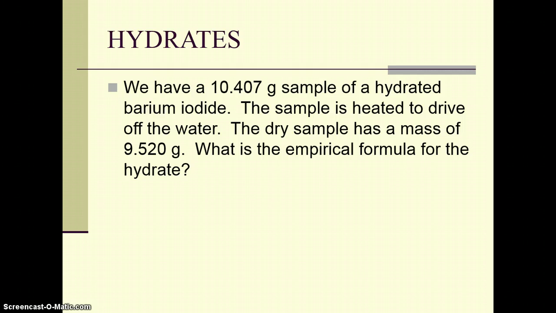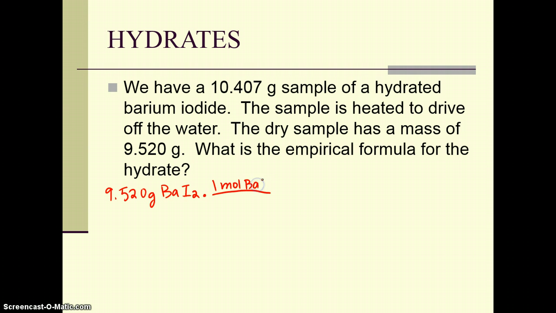So the dry sample, meaning that's just the barium iodide, is the 9.520. So we're going to take that 9.520 grams. We have to write our formula properly, which is BaI2, and we're going to go ahead and convert that to moles.